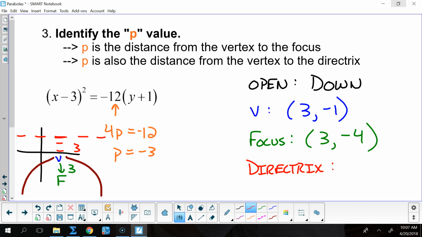So those are y equals lines. 3 up is going to be y equals 2. Agree. Questions? Okay. So just by finding this p-value right there, we can now find the focus and the directrix.